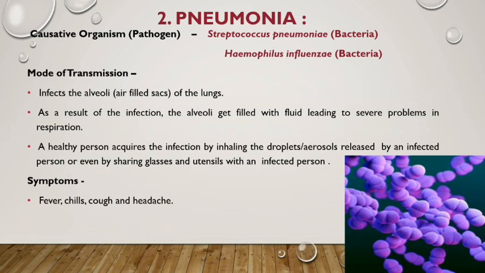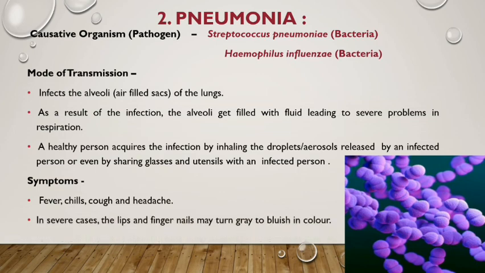They will have fever, chills, cough and headache. Cough is very obvious, because they are having problems in breathing, and the fluid released by the pathogen has been taking the space in the lungs. As a result, cough will be there, headache will be there. Clear? So these are the symptoms that a person will have.